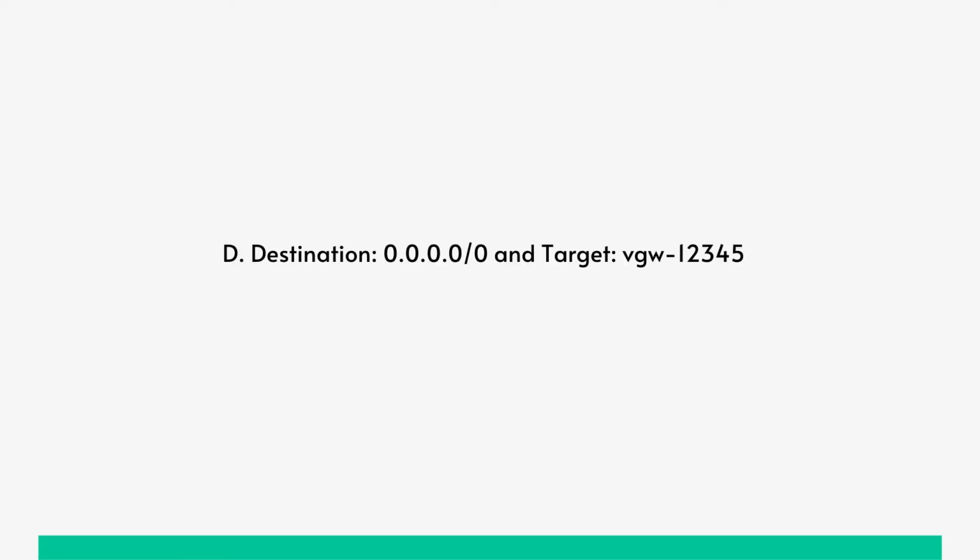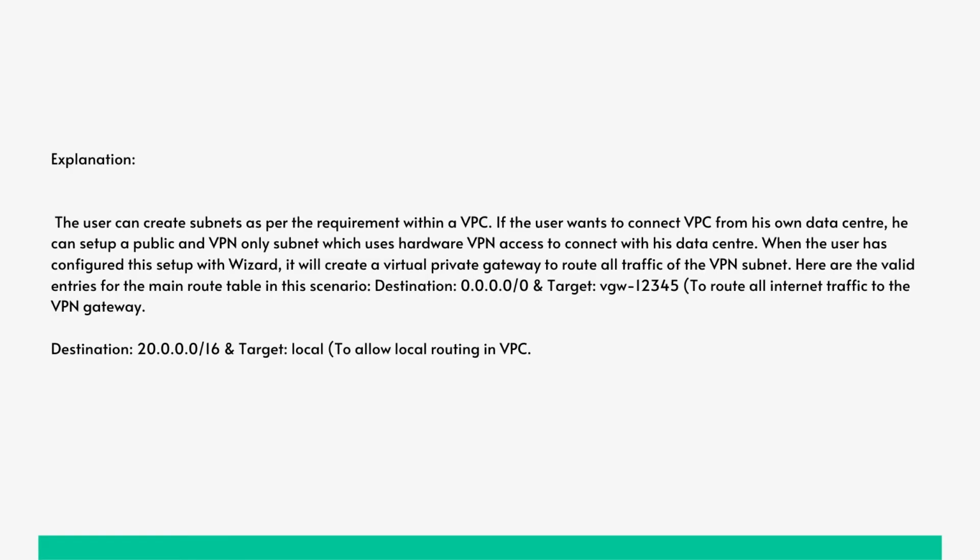The correct answer is option D, destination 0.0.0.0/0 and target VGW-12345. Explanation: the user can create subnets as per the requirement within a VPC.